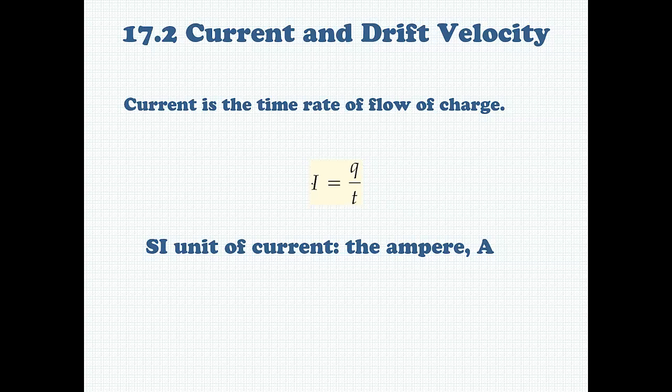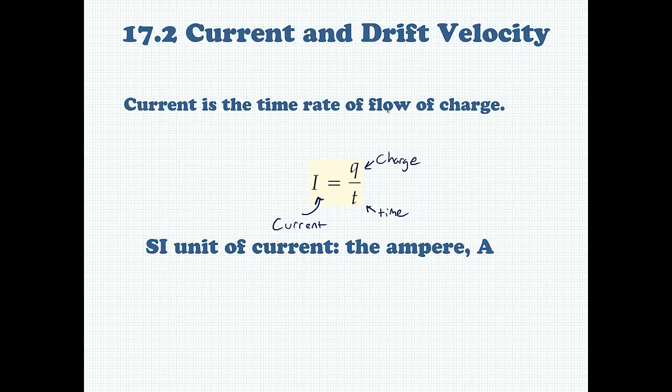To define current, we get a very simple equation. First off, current is represented by the variable I, so this is my current, and it is equal to charge, Q, per second. So it's charge over time. Now if we think back to what I had said current was, electric current is the flow of electric charge.